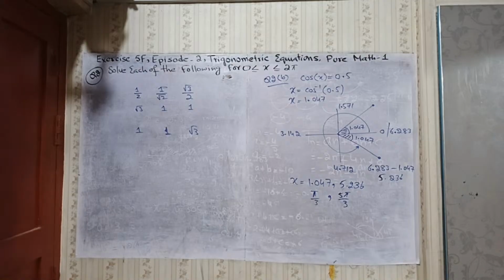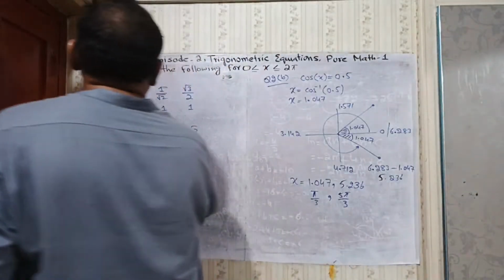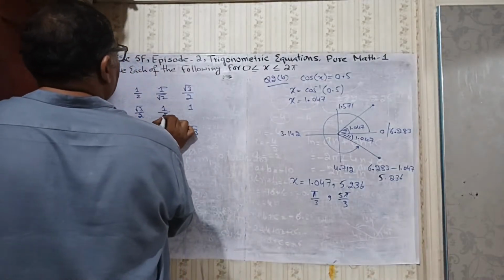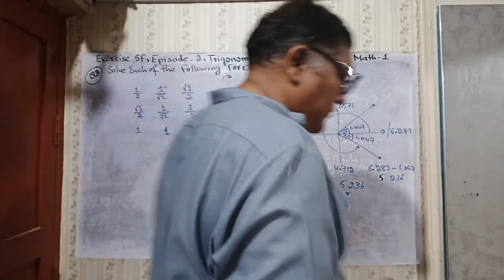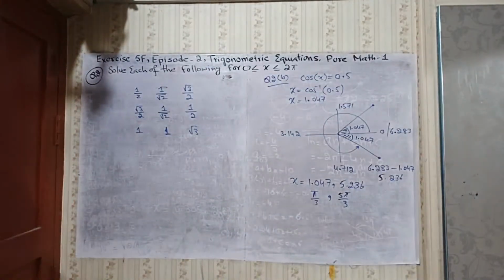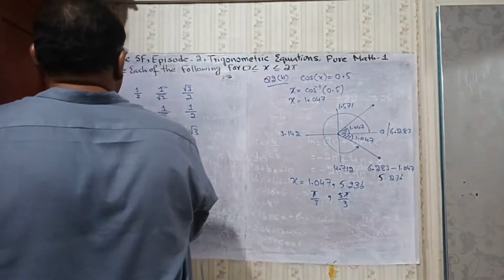Then again, divide with the 2, divide with the under root 2, and divide with the 2. Then we divide with the under root 3.